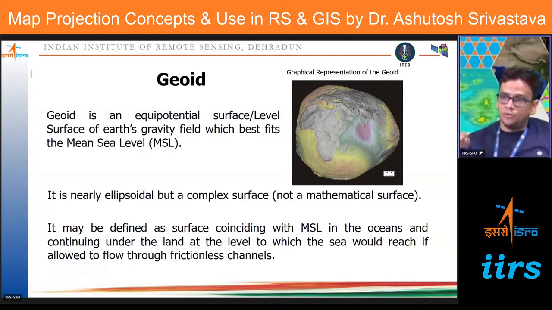And what we do, there are two things here, mean sea level and the geoid. So mean sea level we can understand like we are considering all the information of the sea level like high tide, low tide information, atmospheric effects, gravity, wind information, all the information we are gathering.